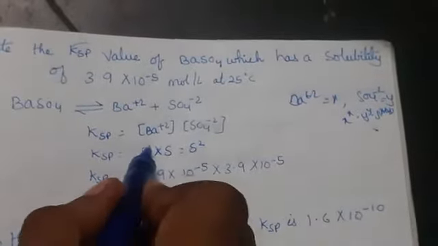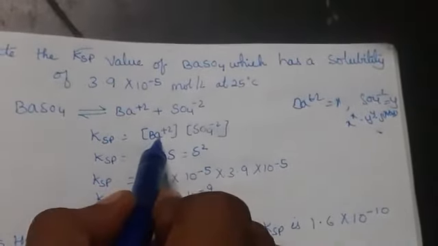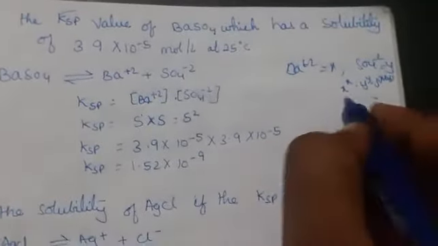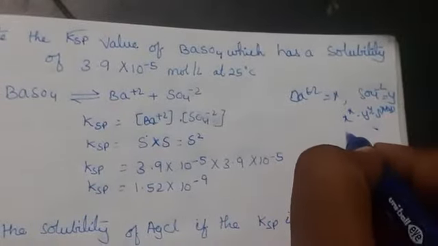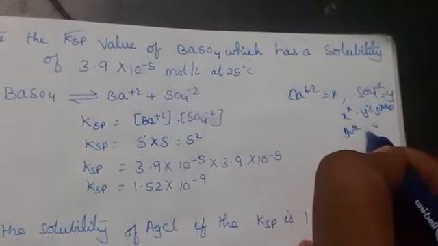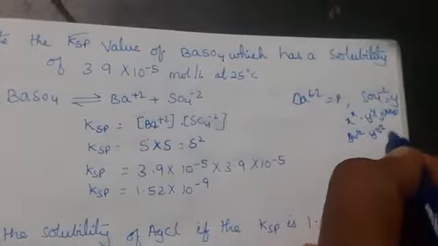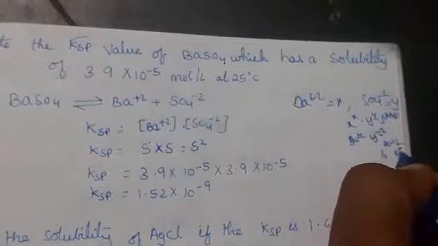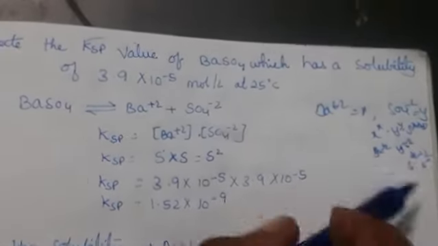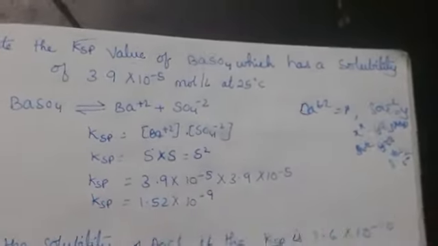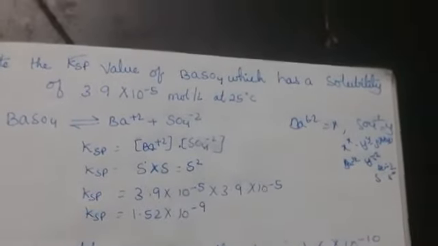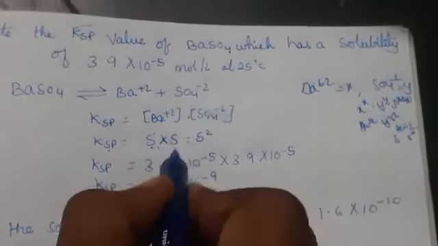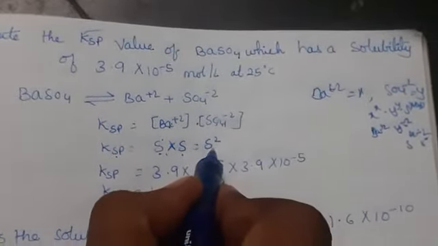Or else we can take Ba plus 2 as S and SO4 minus 2 as S. Why? Because we are solving this one. So when you write Ksp is equal to Ba plus 2 as S, SO4 minus 2 as S, it forms S square.